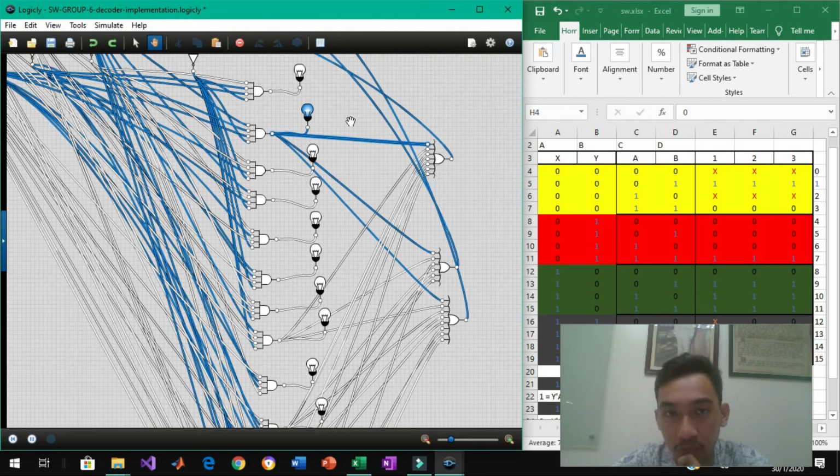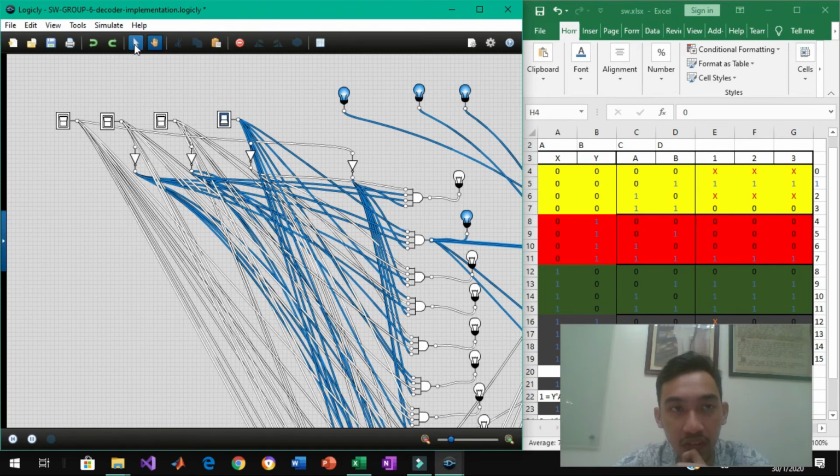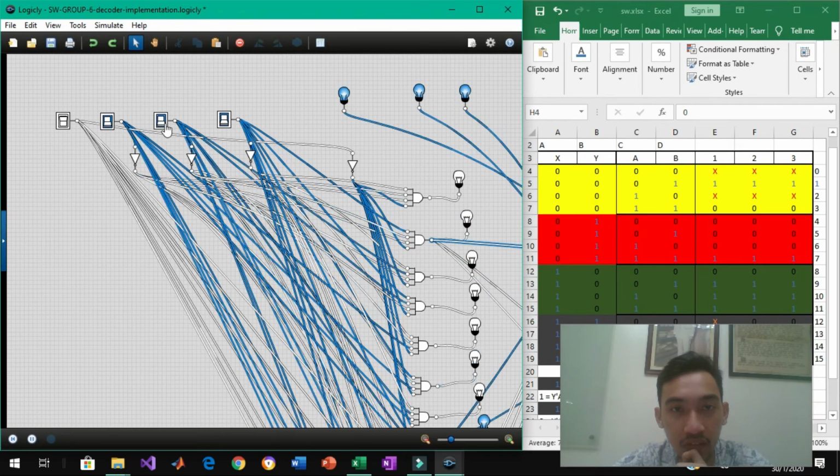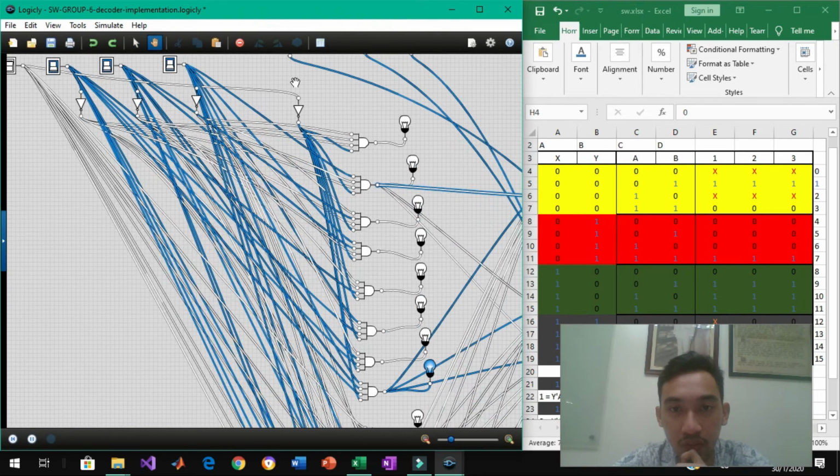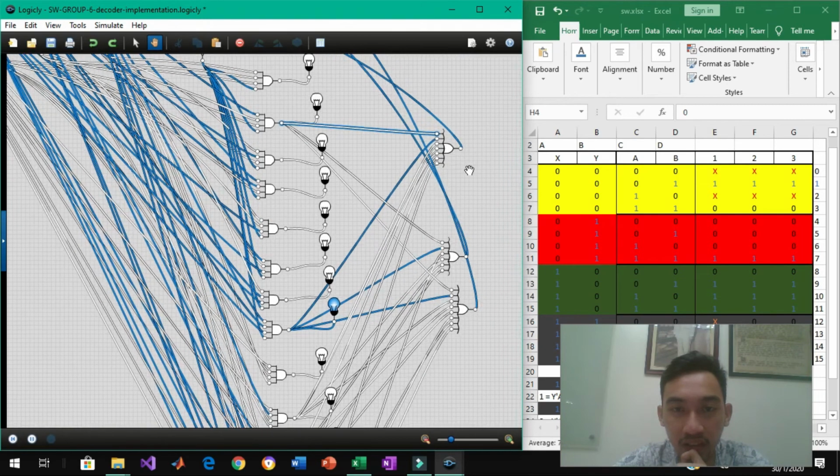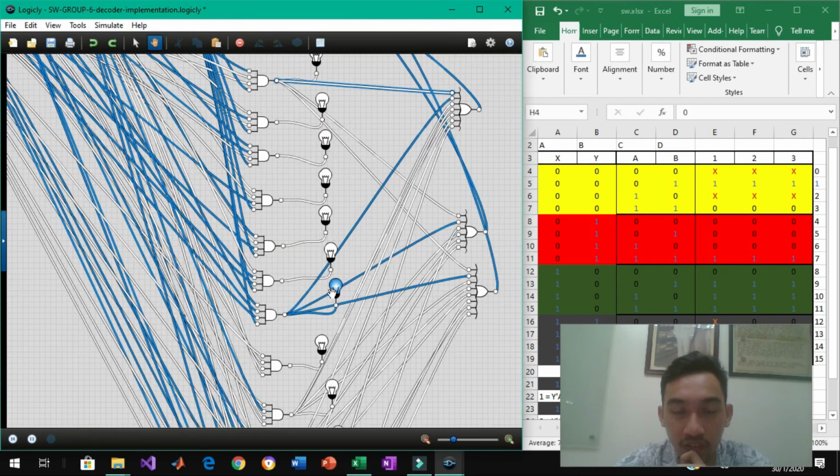Also with output 7, you will see the lines highlighted here. This is 7.